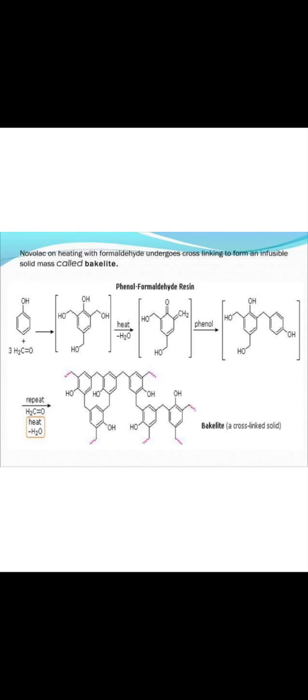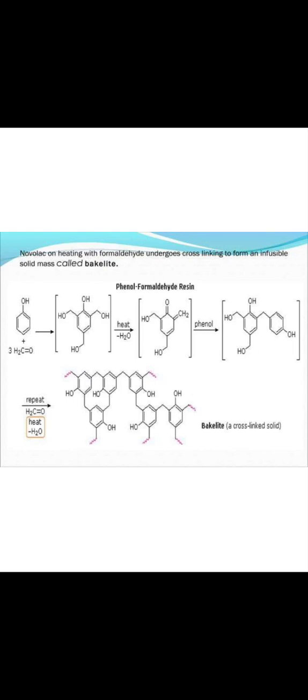First, C6H5OH plus CH2=O. So phenol plus formaldehyde gives rise to the formation of orthohydroxymethylphenol or parahydroxymethylphenol. For example, if three molecules of formaldehyde react with phenol, it gives rise to the formation of trihydroxymethylphenol.